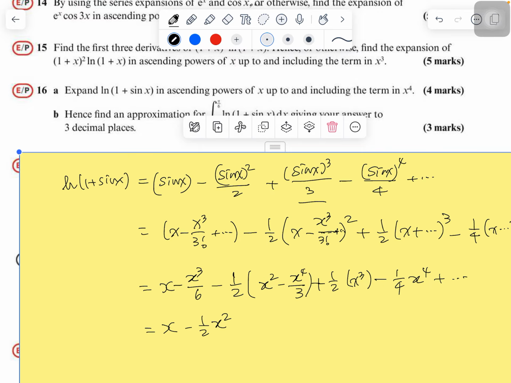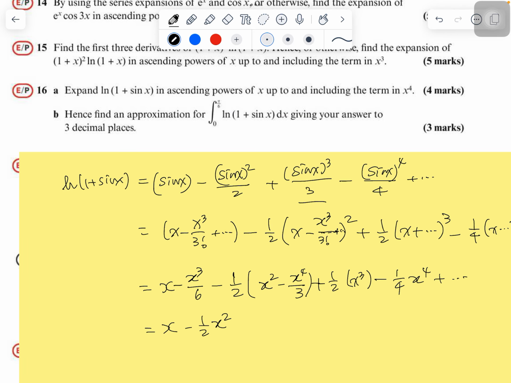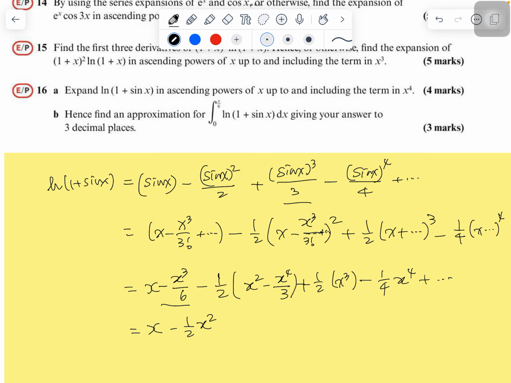And x cubed, this and this and this is 3 over 6. So 2 over 6, which is 1 over 3 x cubed, plus 1 over 6 minus 1 over 4, 2 over 12, 3 over 12, negative 1 over 12, x to the power of 4 plus and so on. So this is this one.